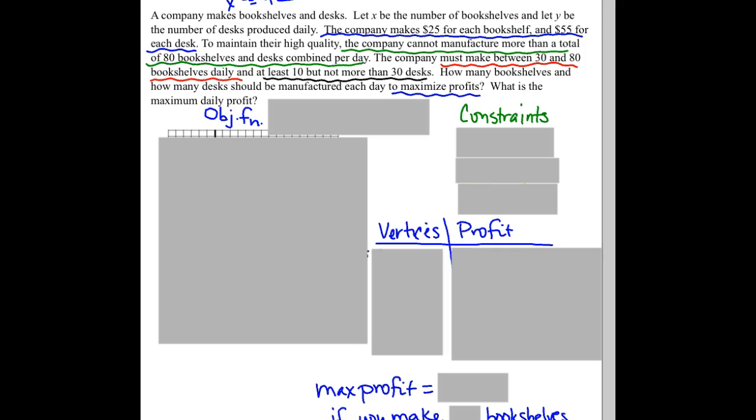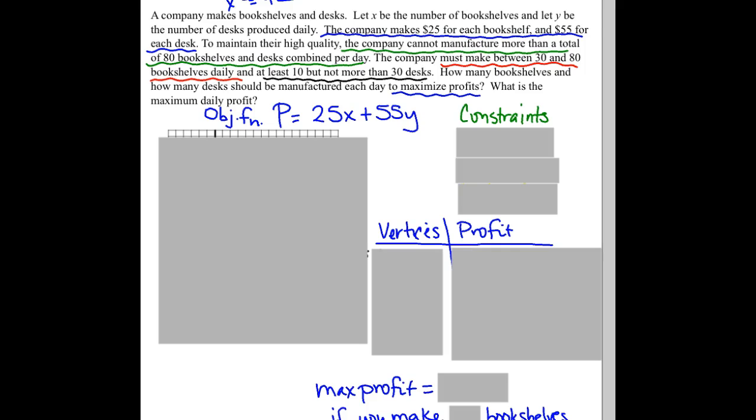Maximum profit says the company makes $25 on every bookshelf and $55 on every desk. Okay? So how can I write an equation for that? Profit equals 25x plus 55y. There's my objective function. I'm going to set that equation aside for now because I don't need it until the very end.